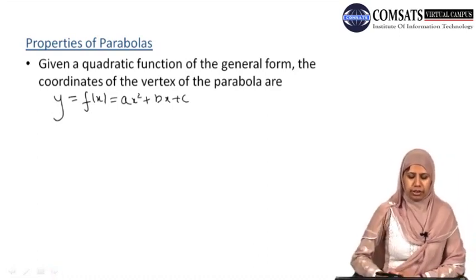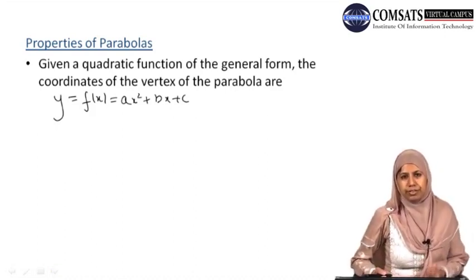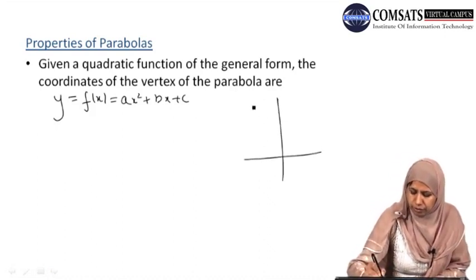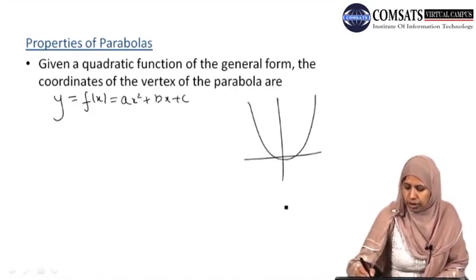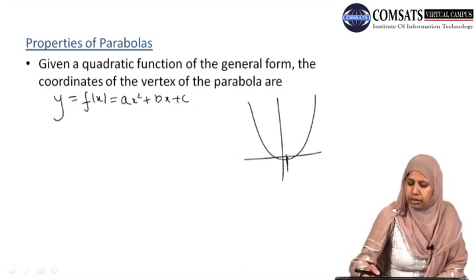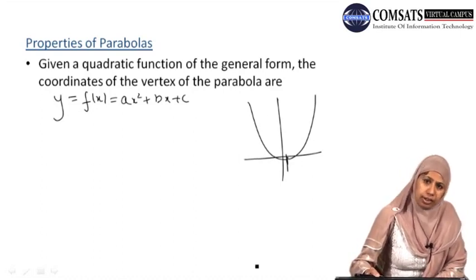We are given a quadratic function in a general form. Then, since we have said that vertex is a point on the parabola, it is our graph, it is our parabola, and it is this point. And this point must have some coordinates, x coordinate and y coordinate.